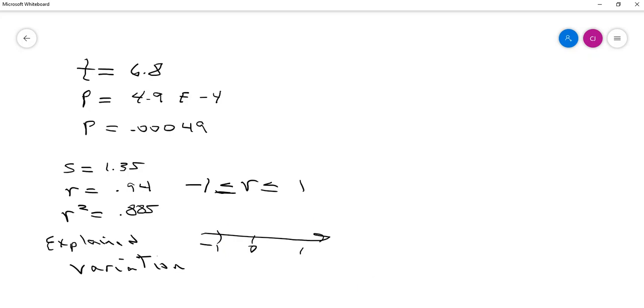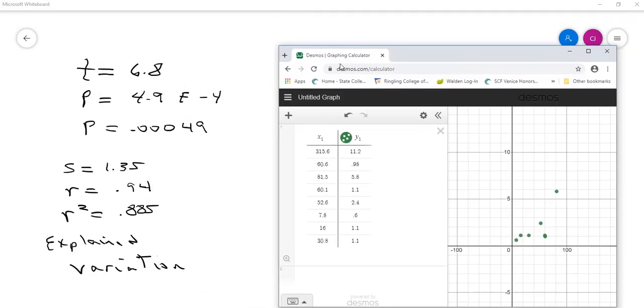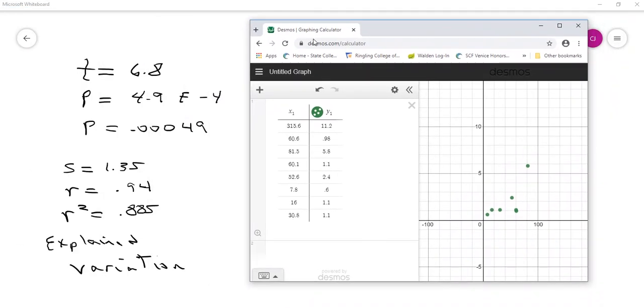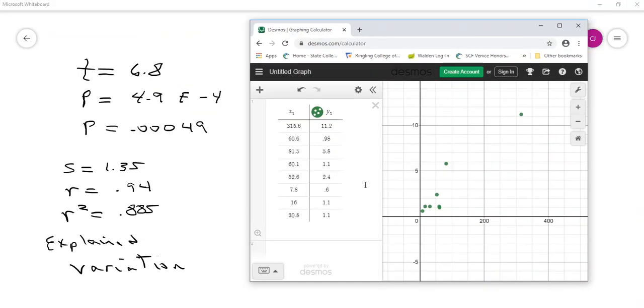Oh, there we go. And leave this up. So the plot, let me just bring this back over here so we can look at it. There we go. So here's our table again, and there's our points, right?